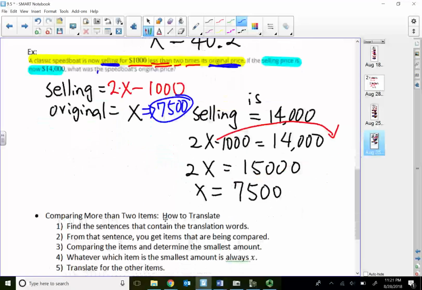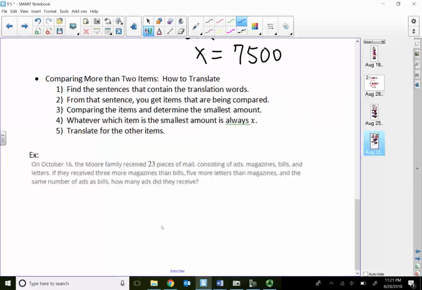If you right now hold up two fingers, how many gaps are between the two fingers? It's got to be one gap. And that one gap means one sentence, one translating sentence for two items. So now if you hold up three fingers, if you compare between three items, how many sentences will you need to translate?